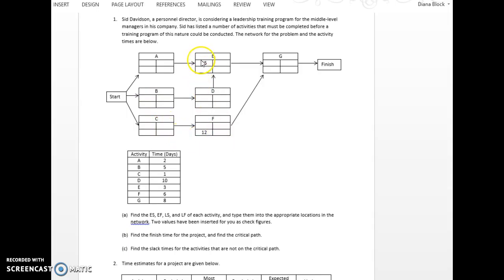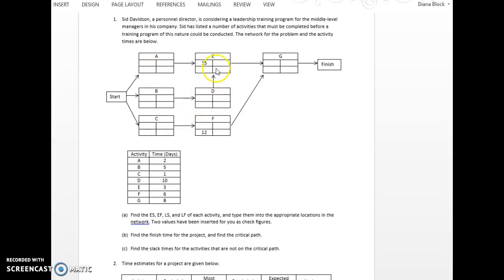Then you'll go on to the activities that follow those. Based on the fact that you have to finish C before you can move on to F, the earliest that you can start F is the earliest date that you can finish C. And the earliest that you can start D is the earliest that you finished B. And the same applies: the earliest you could possibly start E is the earliest that you could finish between A and D. Remember, for E, both of these activities have to be completed.